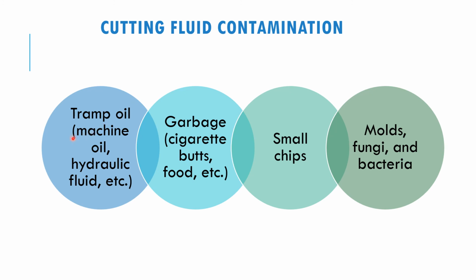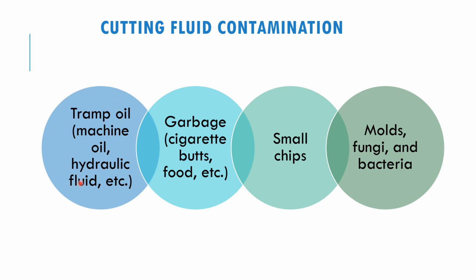It can also be garbage, for example cigarette butts, food, etc. that mix together during operation. And sometimes small chips might also mix with the cutting fluid. And finally, mold, fungi, and bacteria can also accumulate inside the cutting fluid. This is because cutting fluid is usually reused again and again in an operation. So that's why this might happen.